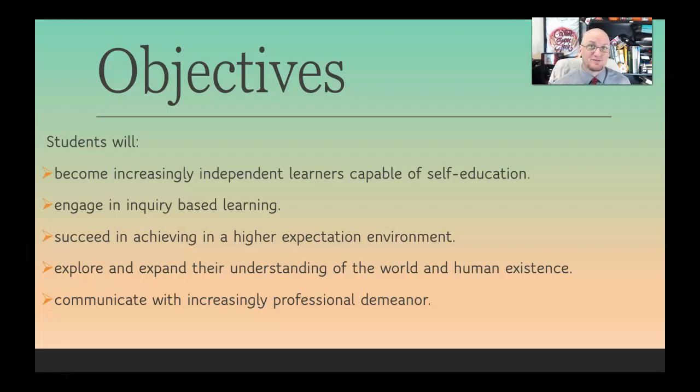Problem solving, dealing with a problem, taking what you have and learning how to cope or how to come up with a solution. That's a form of self-education. Successful adults who rate themselves as happiest are the ones that feel they have control, that they can self-educate, they can problem solve, and so that's my goal for you.